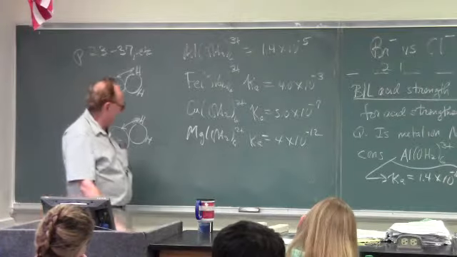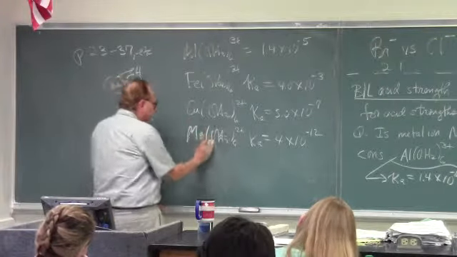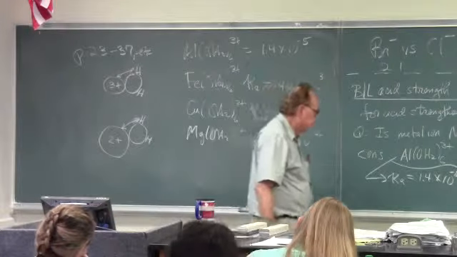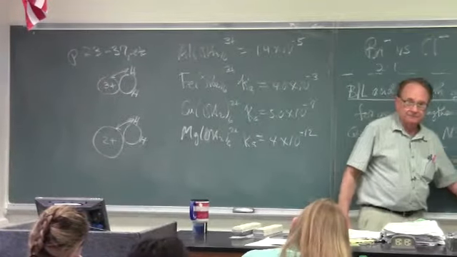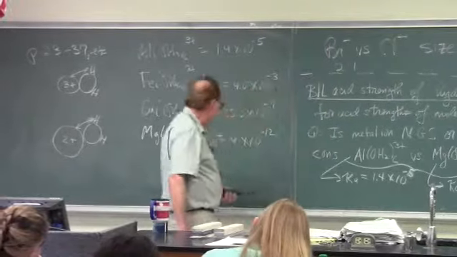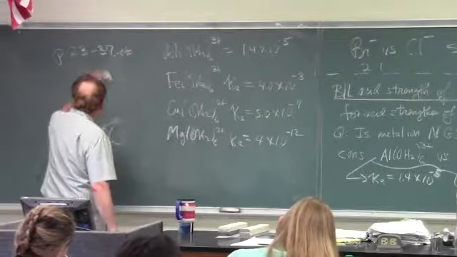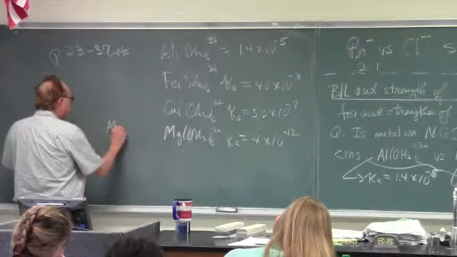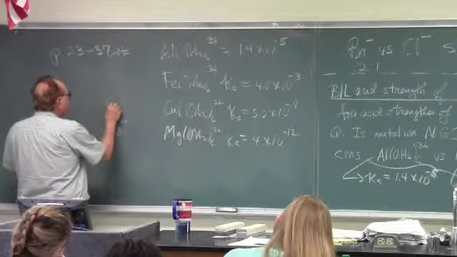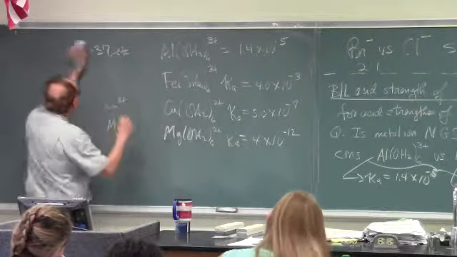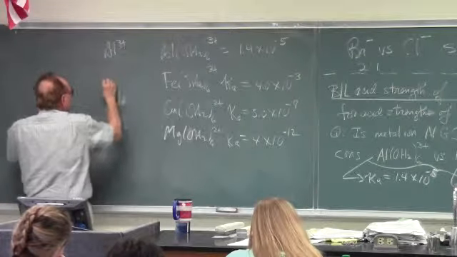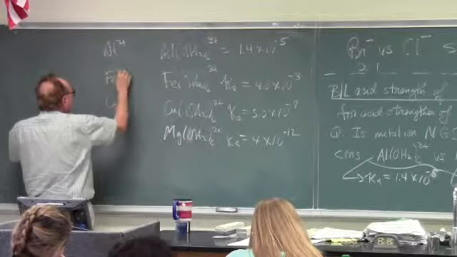But what can you tell me about the size of a copper ion all by itself, not hydrated, versus magnesium ion all by itself? Also, what can you tell me about the size of aluminum ion all by itself versus that of iron plus 3 all by itself?